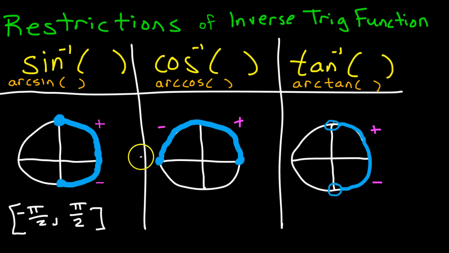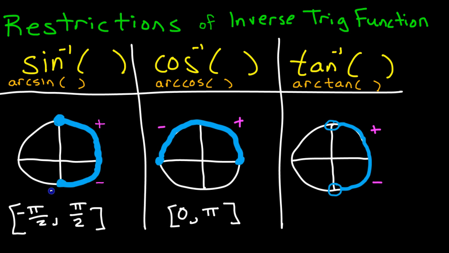Now looking at the cosine function, if we say that the inverse cosine function is only defined for the top half of the unit circle, that's from 0 to pi.